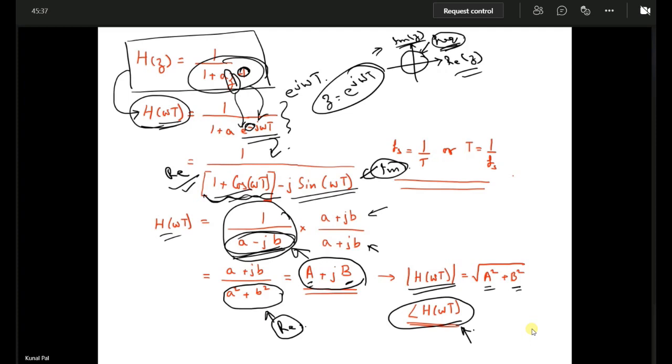Then you multiply both the numerator and the denominator with the conjugate of the denominator, and from there you get the form capital A plus jB, and you can mathematically find the amplitude response and the phase response. This is unlike the distance method where you have to calculate the distance. So this is the easier method as compared to the distance method.